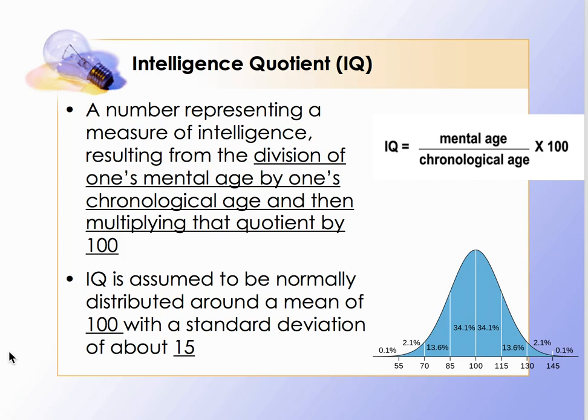So you have a 10-year-old come in, they're taking an ability test, an IQ test, and they score at the age of a 12-year-old. So they're more intelligent than those that are their same age, than their peers. They're as intelligent as the average 12-year-old, basically. So your formula would be 12 over 10 times 100. And that would give this individual an IQ of 120.